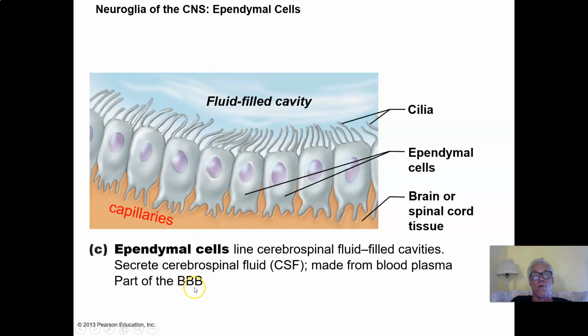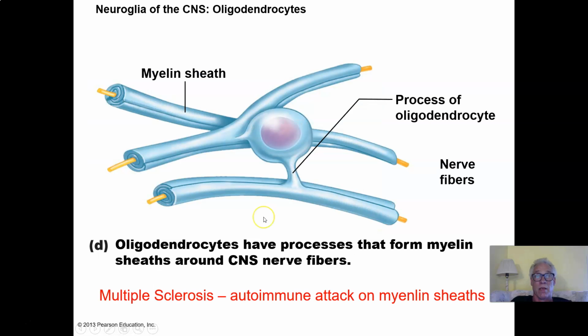So they also form part of the blood-brain barrier, though, because if you can imagine a bunch of blood capillaries down here in the vicinity of a lot of ependymal cells, there's fluid filtering out of those blood capillaries, and these cells will then modify that fluid and produce cerebrospinal fluid. But that represents a pathway potentially into the inner sanctum here, the central nervous system, from blood through the ependymal epithelium and into the CSF.